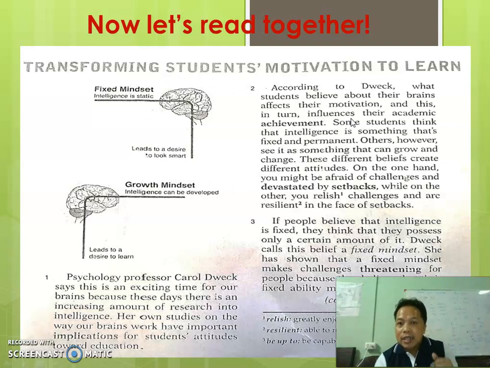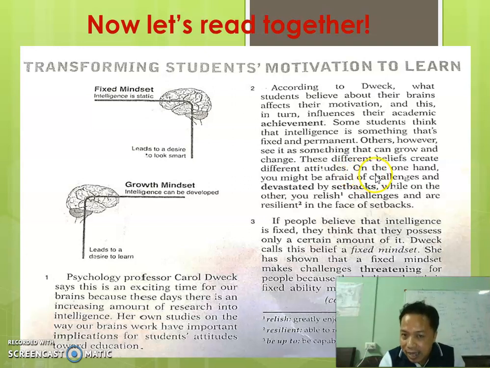Okay? Now, some students think that intelligence is something that's fixed and permanent. Others, however, see it as something that can grow and change. So that's the difference between the two. These different beliefs create different attitudes.